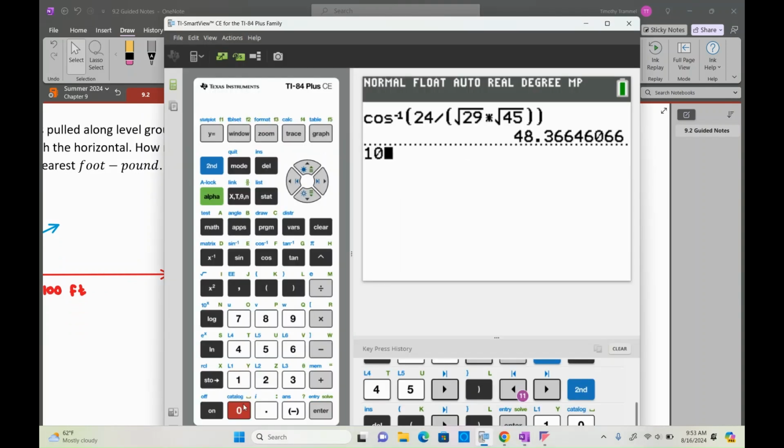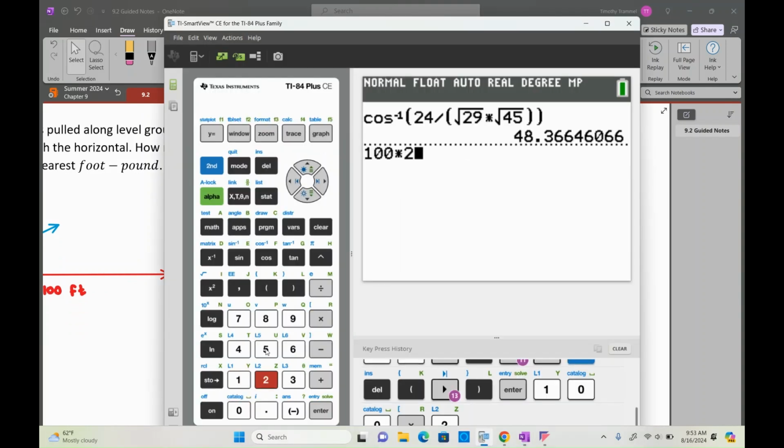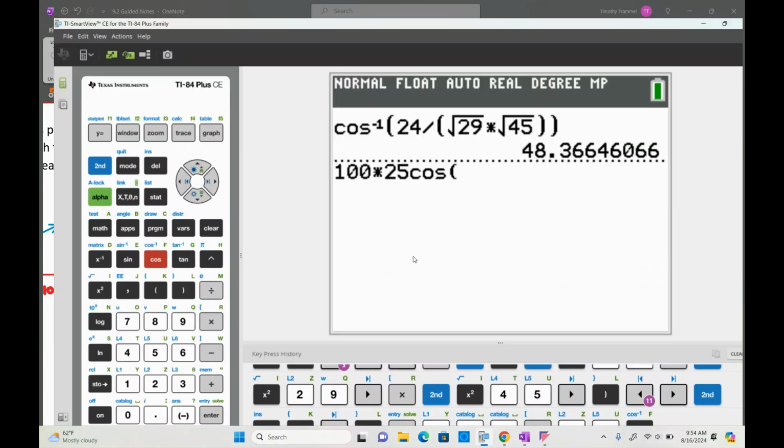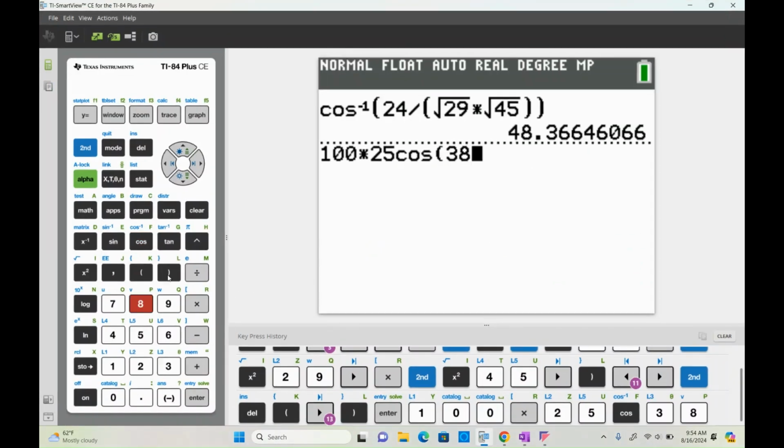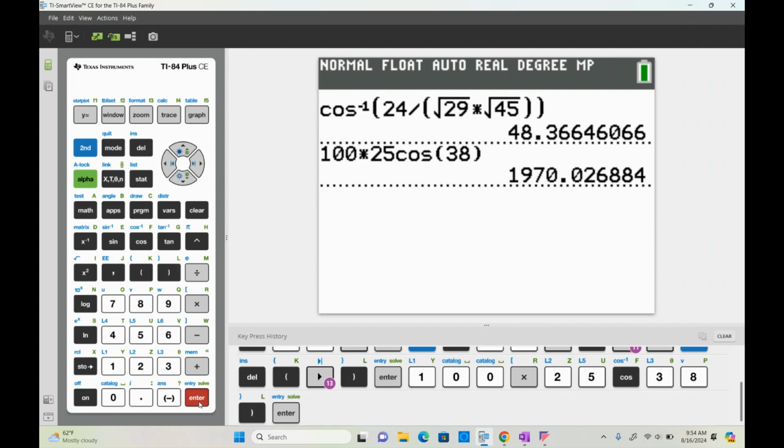So we have 100 times 25 times cosine of 38, and that's giving us about 1,970 here.